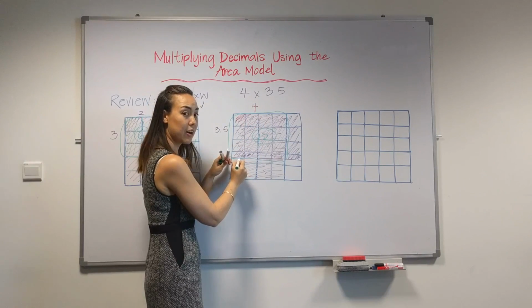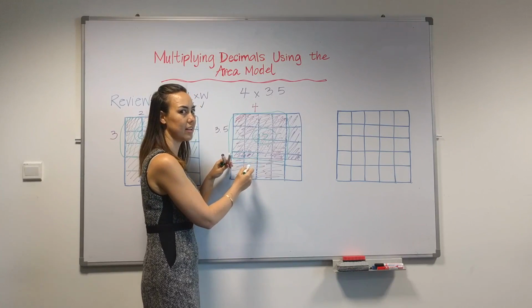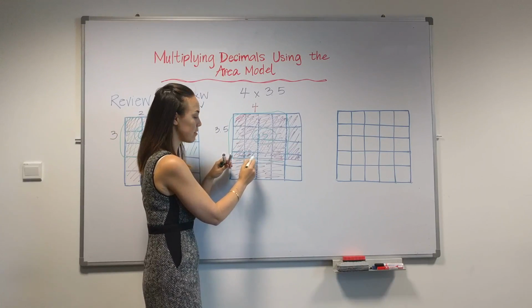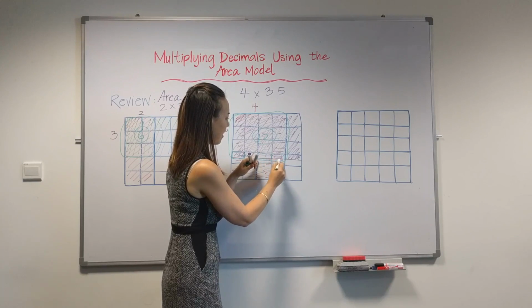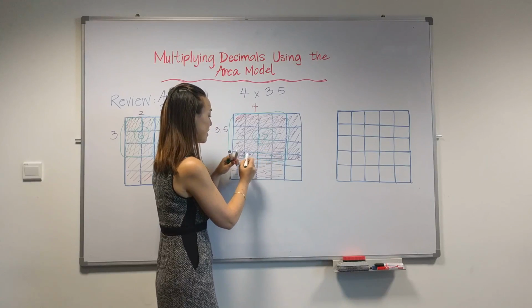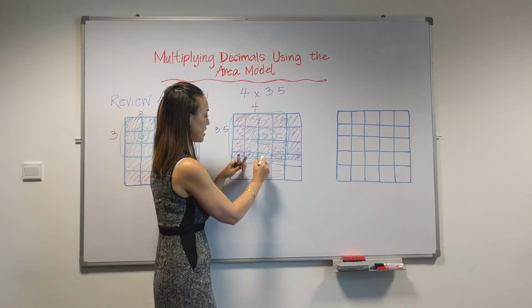So let's count in the halves. I know that 1/2 plus 1/2 is 1 whole. So I'll count this as 1. Here's another half and another half. Together that equals 1 whole. So 1 plus 1 is 2. I have 2 wholes in this area.